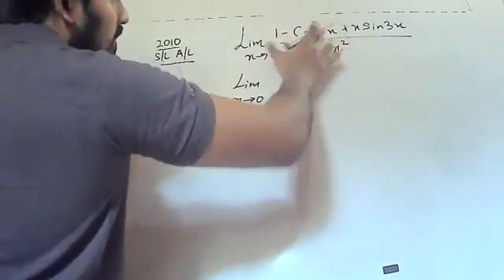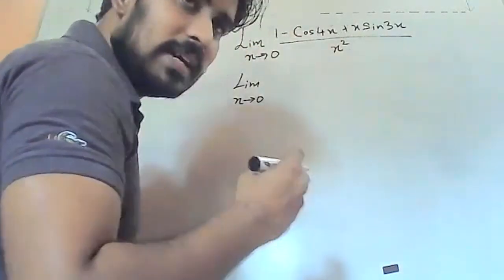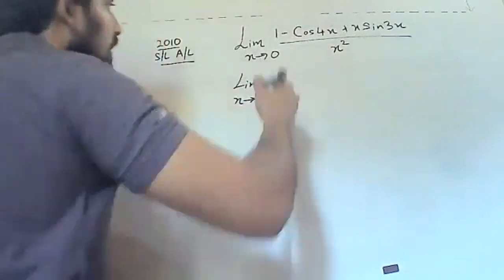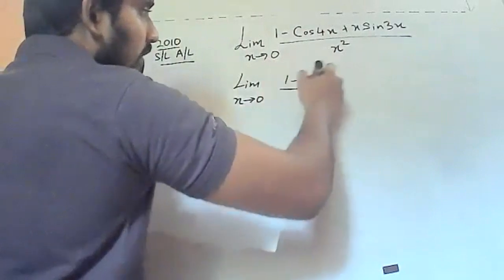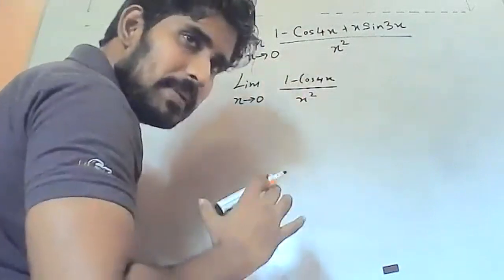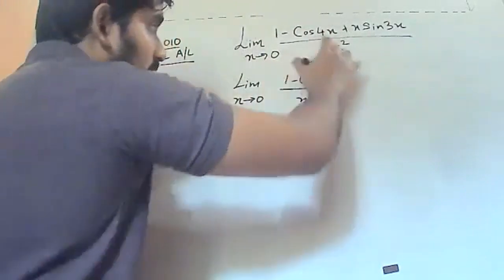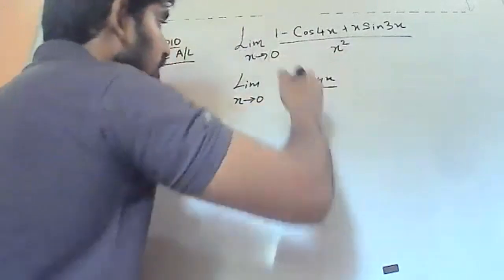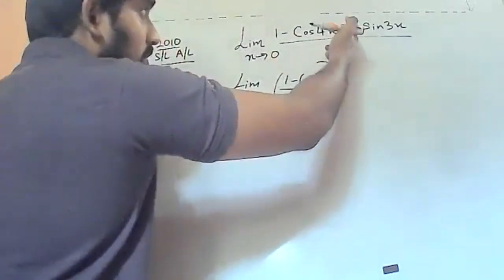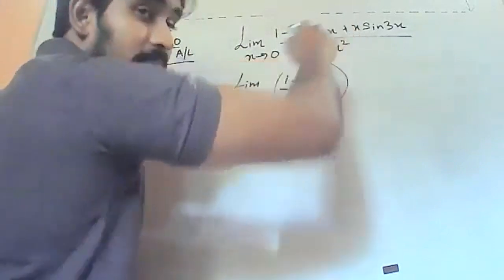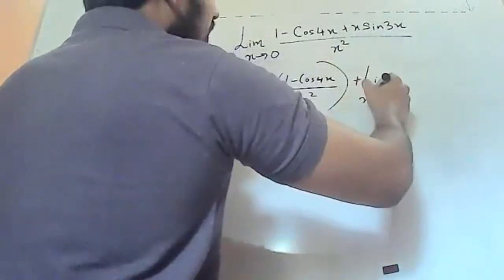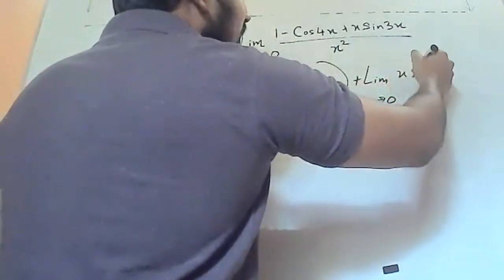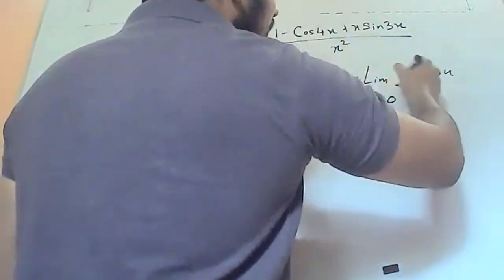I am going to consider 1 minus cos 4x divided by x squared as a separate term, because you can separate it as x squared is the common denominator, plus limit x tends to 0, x sin 3x divided by x squared.